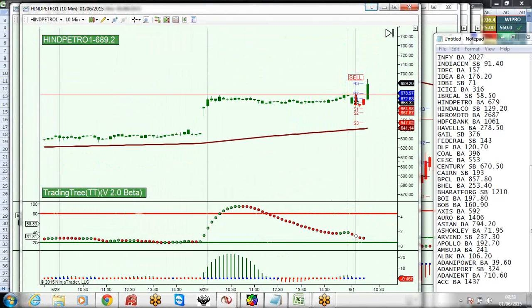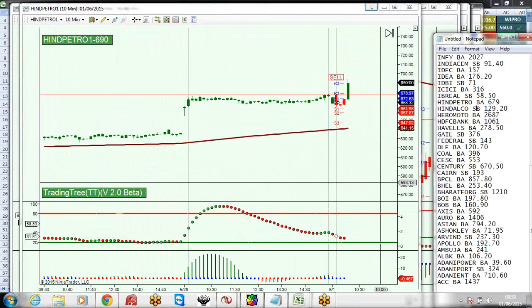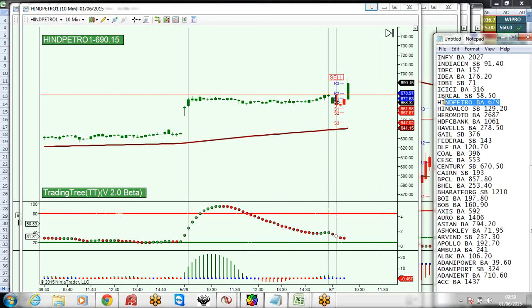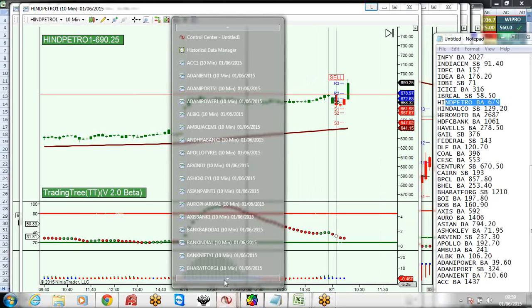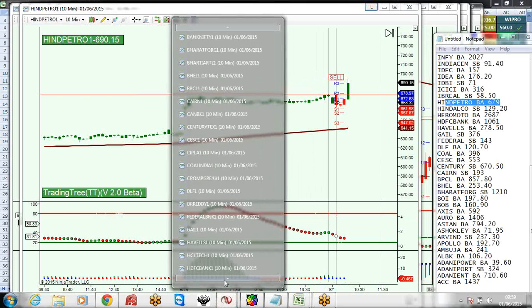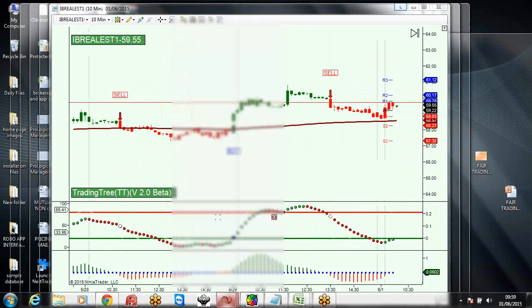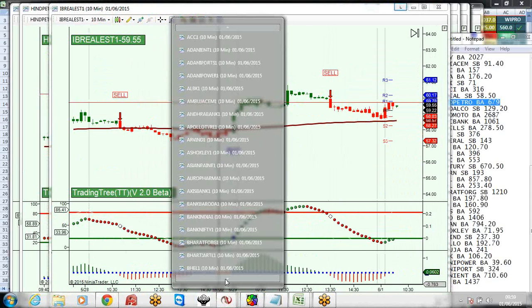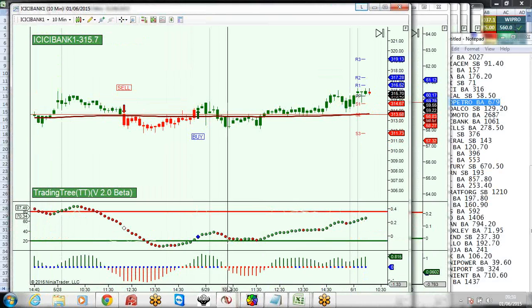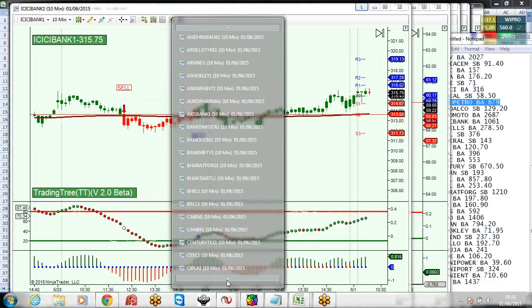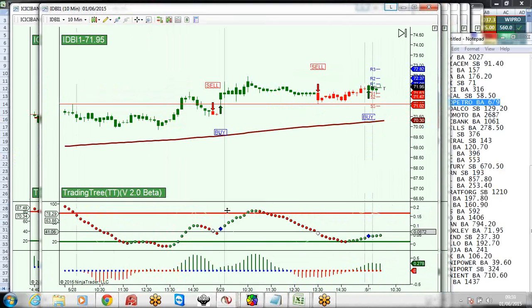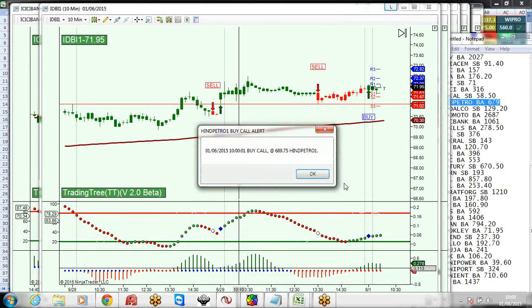You get a buy call in Petro. 679 was the buy. 690 is the current price. There is a buy call in Patrol 1.